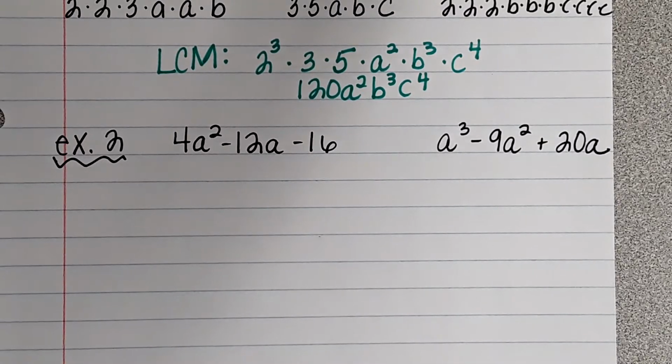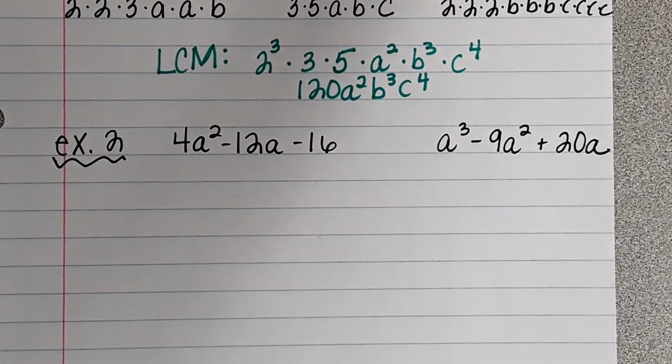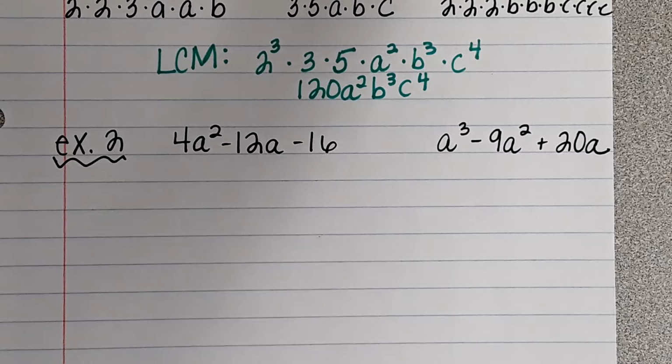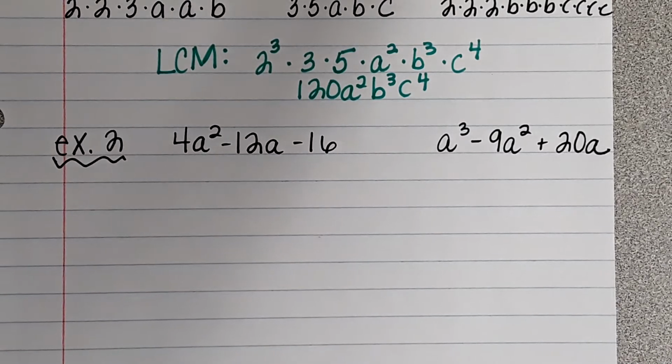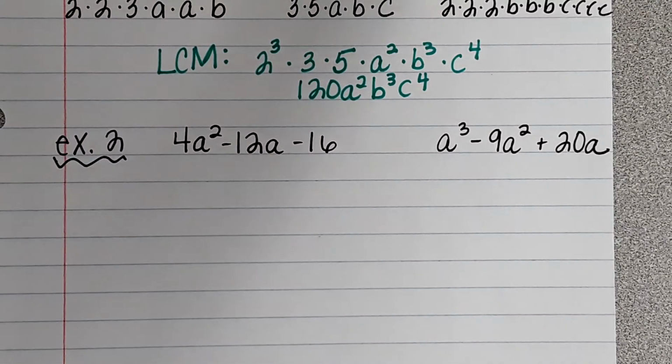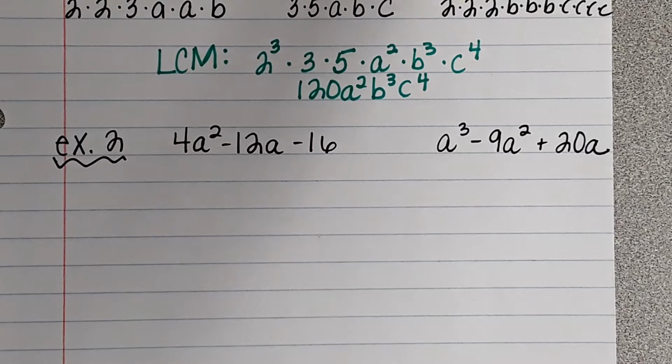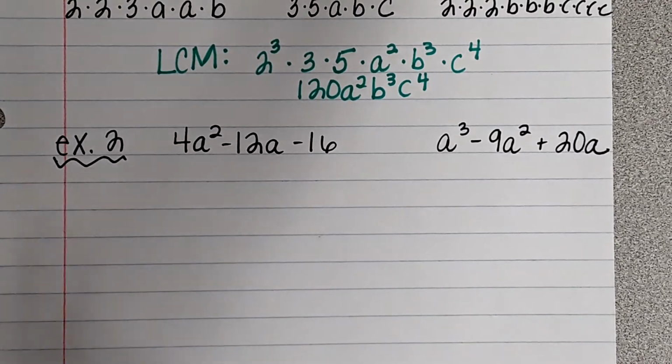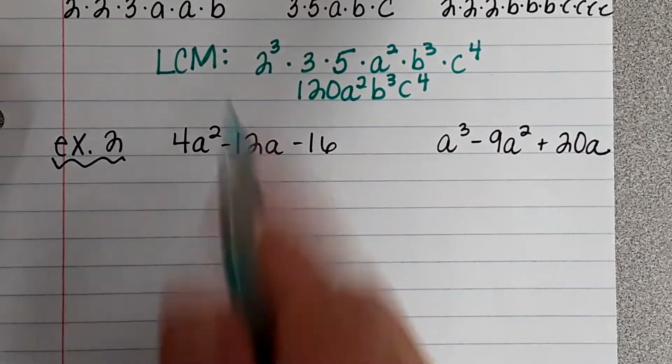So the first thing that you want to do when you go to factor something is ask yourself, do they have anything in common? That's always the first question. This is different than example 1 because these are trinomials and we're going to need to factor them. What do they have in common? 4. So we're going to pull out a 4.